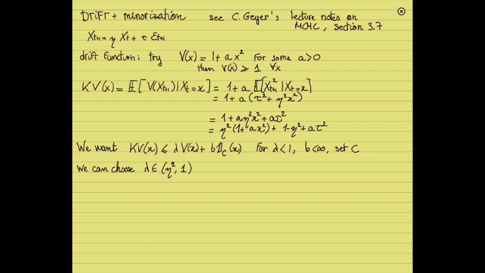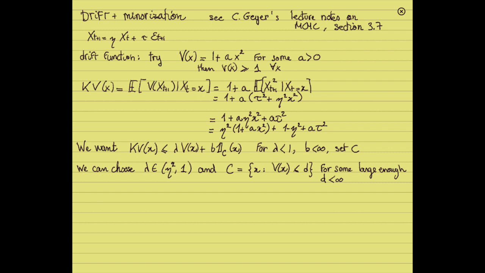And then we can choose a value d such that the set C is defined as the set of x's such that v of x is less than d. We can find a lambda and a d such that indeed we can write kvx is less than lambda vx plus b, indicator that x is in C.